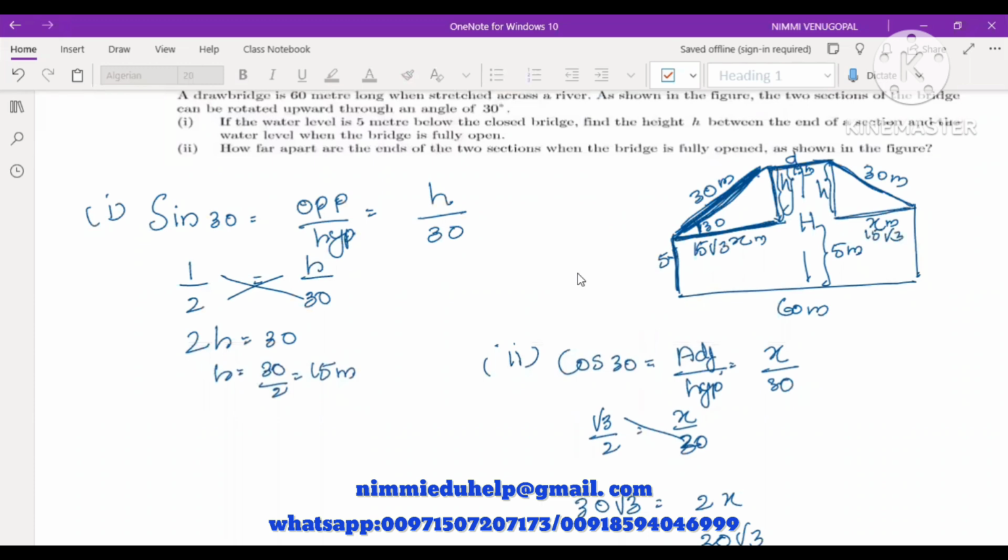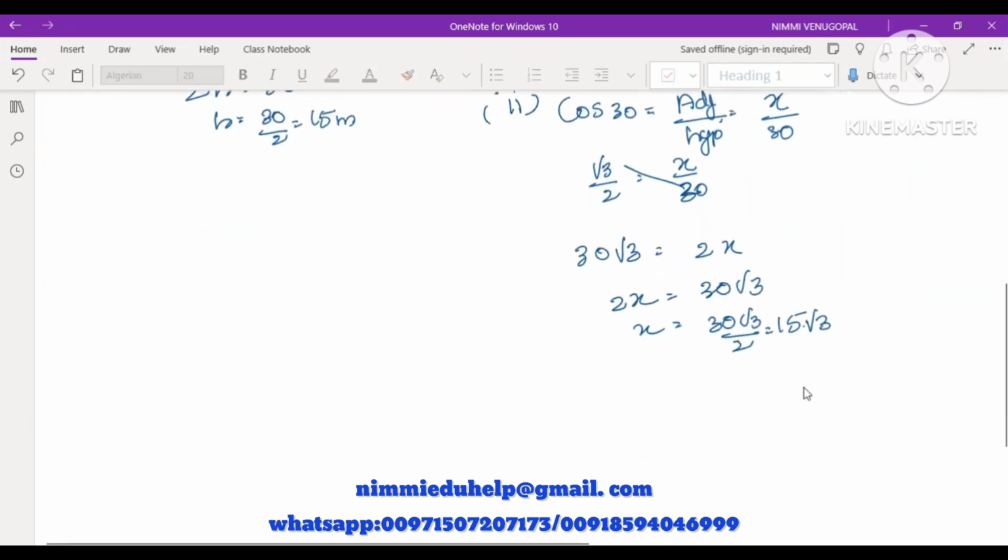We have to find the distance between these parts when it is open. The total distance when it is stretched is 60 meters. So from the 60 meters we have to subtract these two. So we are going to find D. D is equal to 60 minus (15 root 3 plus 15 root 3).